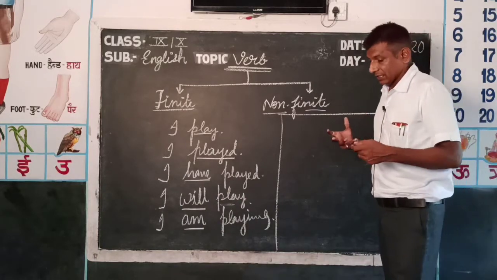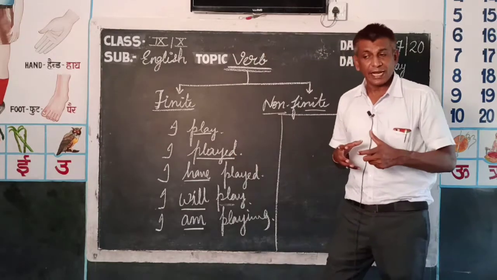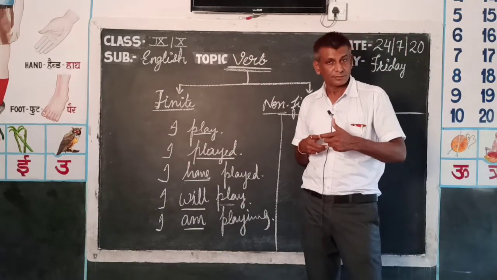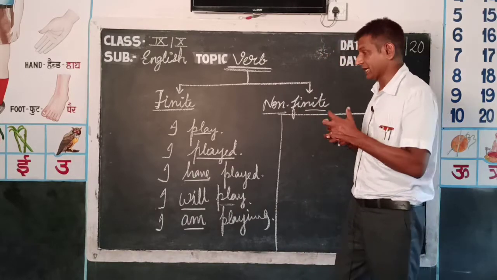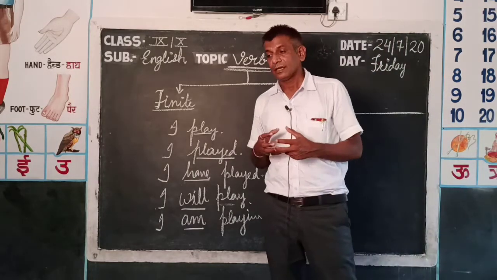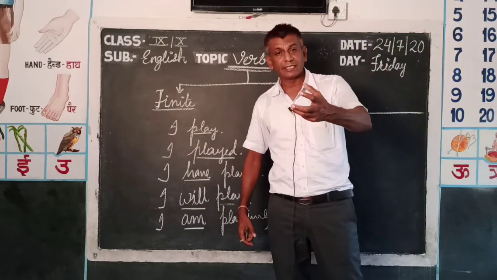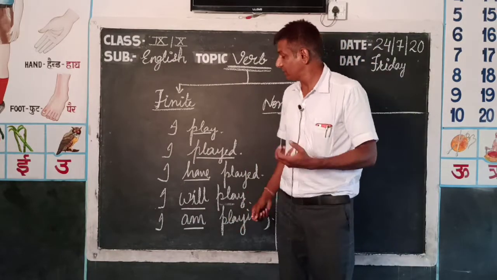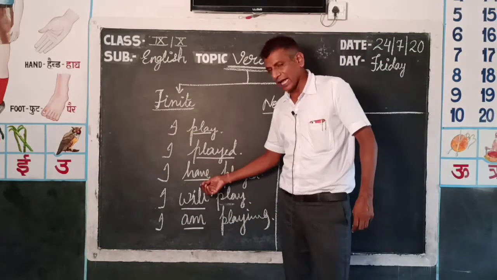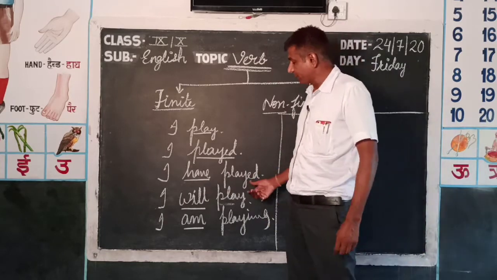Now, what is the use of a finite verb? A finite verb helps to make a sentence, and sometimes a finite verb plays as a linking verb or auxiliary verb, as you can see here. Have is an auxiliary verb, a linking, helping verb.